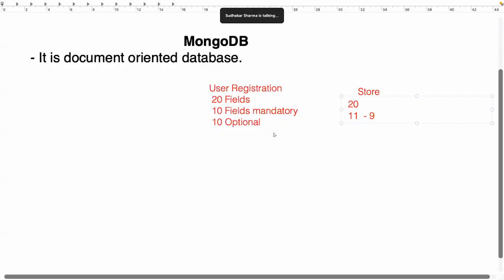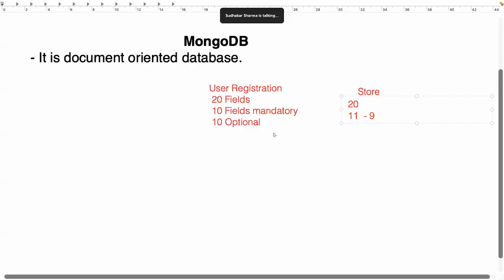This type of concept is called document oriented. Document oriented databases are structureless or semi-structured. The advantage is that they can store only what is required, without unnecessary empty fields.